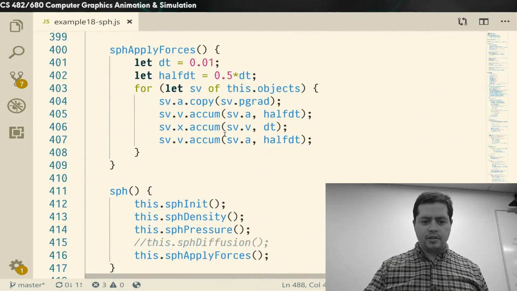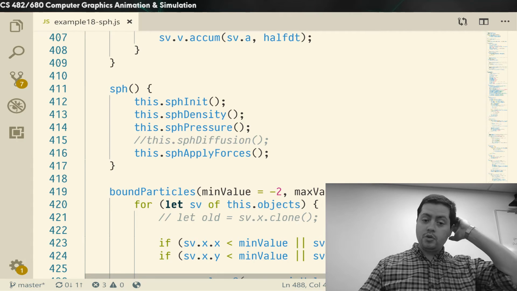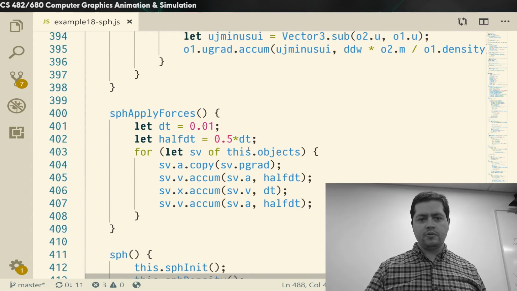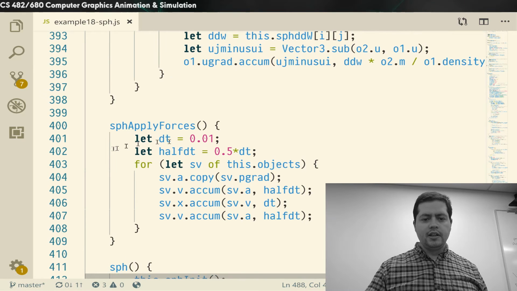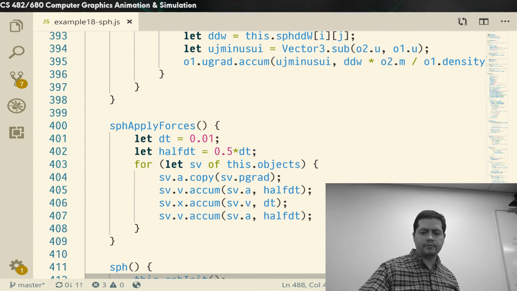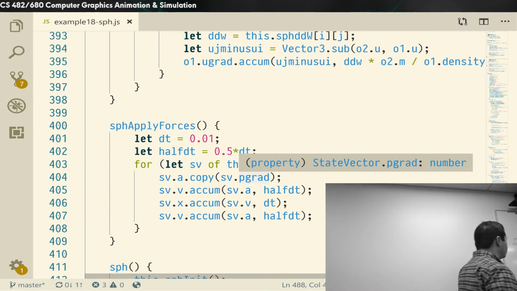So SPH basically calls initialize, density, pressure. We're going to work on some diffusion and then apply the forces. Okay, so if we look at the applied forces, we're using this leapfrog technique where right now we're starting with the pressure gradient. So the pressure gradient is this value.